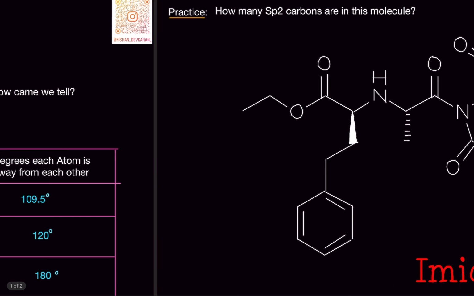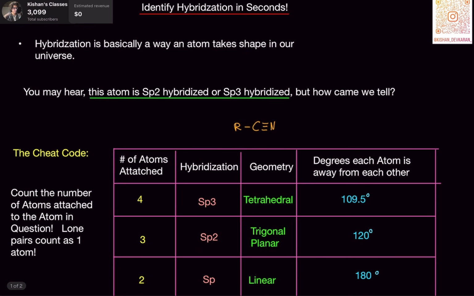And that's how you're going to get your answer. So, if there are 4 atoms attached to your atom of interest, it's going to be sp3. That's it. That easy. If it's 3 atoms attached, it's sp2. If it's 2 atoms attached, it's just sp. There, done. That easy.